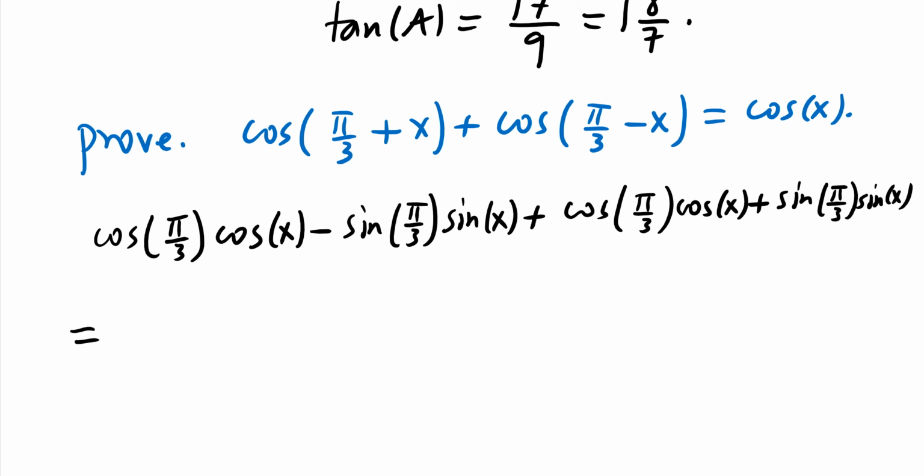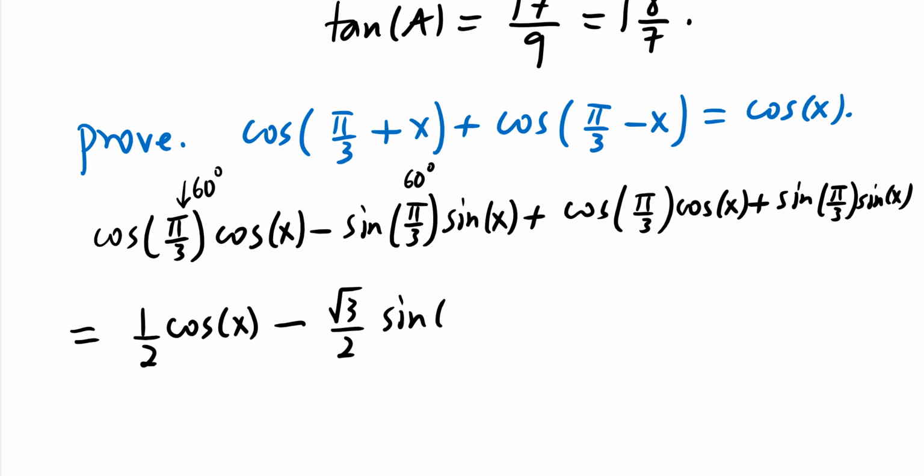Let's see. Pi over 3. If you think it makes it easier for you, convert it into degrees. This is exactly 60 degrees. And cosine 60 is 1/2 times cosine x. Nothing can be done here. Again, that's 60 degrees. Sine 60 is the square root of 3 over 2. Sine x, nothing can be done.